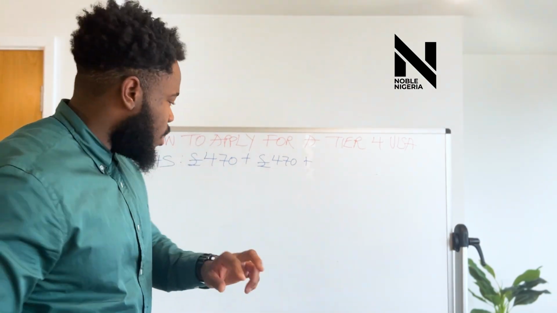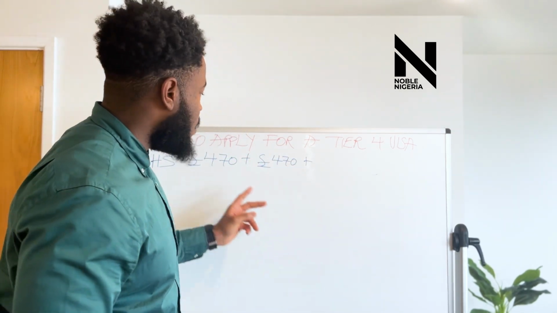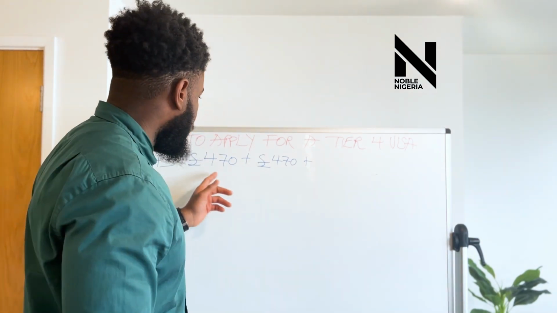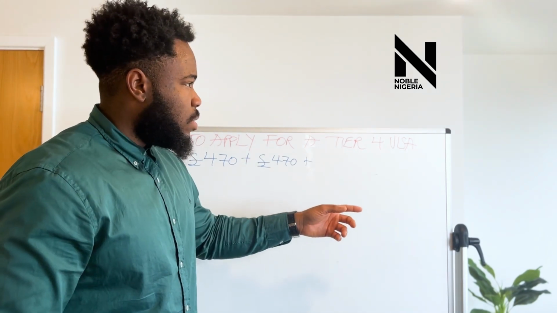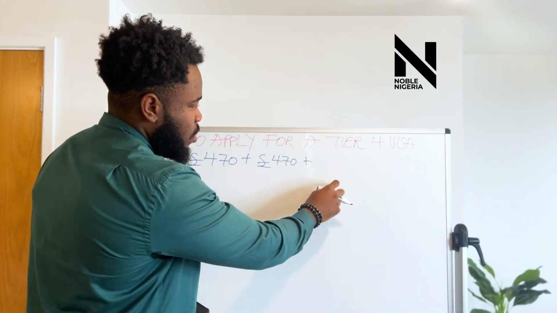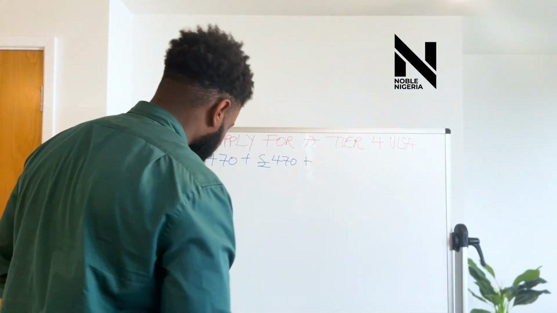If it's only 1 year, you only need to pay it for 1 year. If it's a 2-year course, then you have to pay this twice for each person. So you're looking at 470 times 2 times your wife, plus, you get the point. You add everything up, that's what you're gonna be paying.